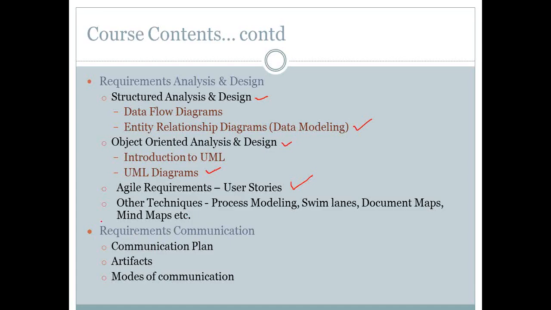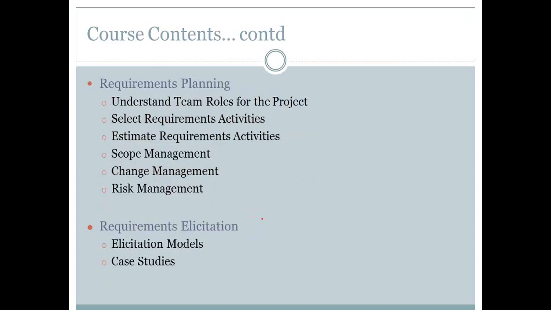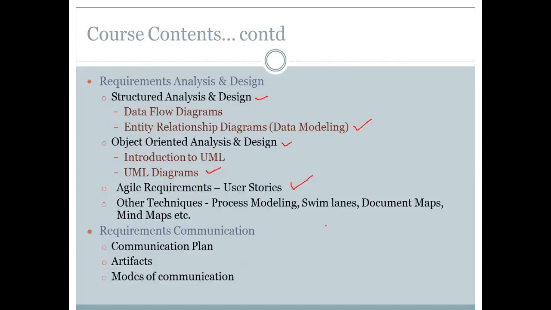So by the time you complete this part, you'll be in a position to understand the requirements using the elicitation models and then document your requirements as well. So pretty much you should be able to write a BRD. You'll understand what gets into a BRD, what are all the various sections, and what details I need to capture into a BRD.